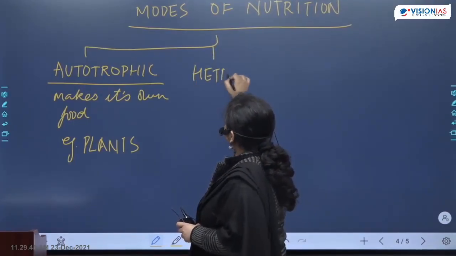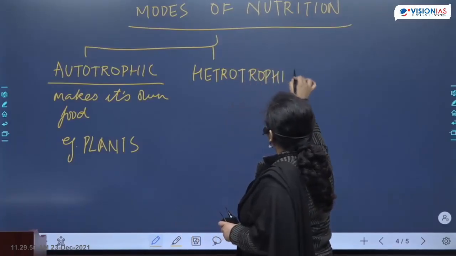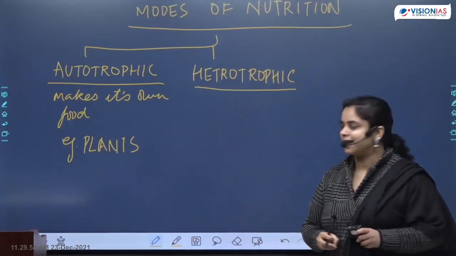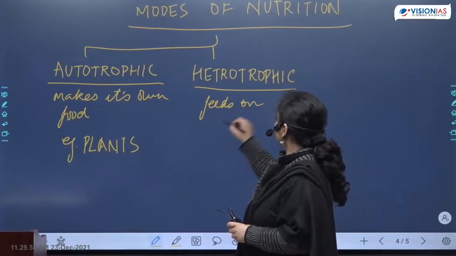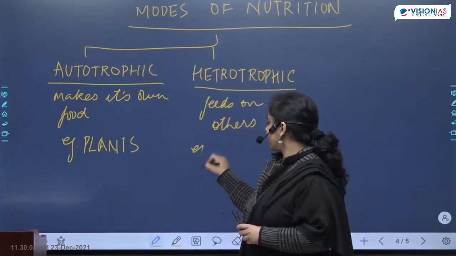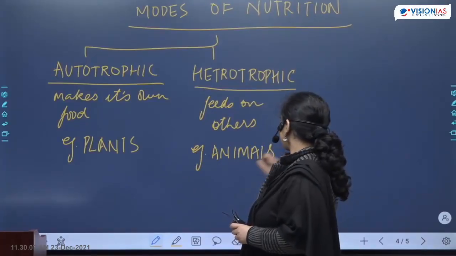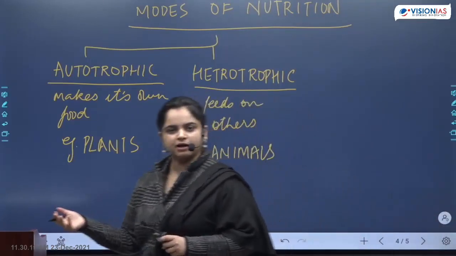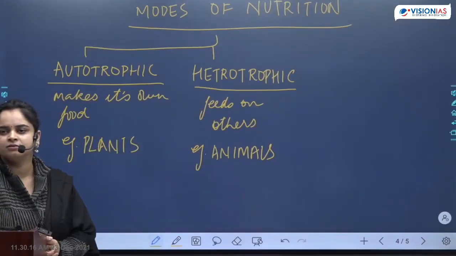The second category is heterotrophic. Heterotrophic means feeds on others. Here you have the animals. So the animals, what they will do is they will feed on other plants or on other animals. That's how they get their nutrients, right?